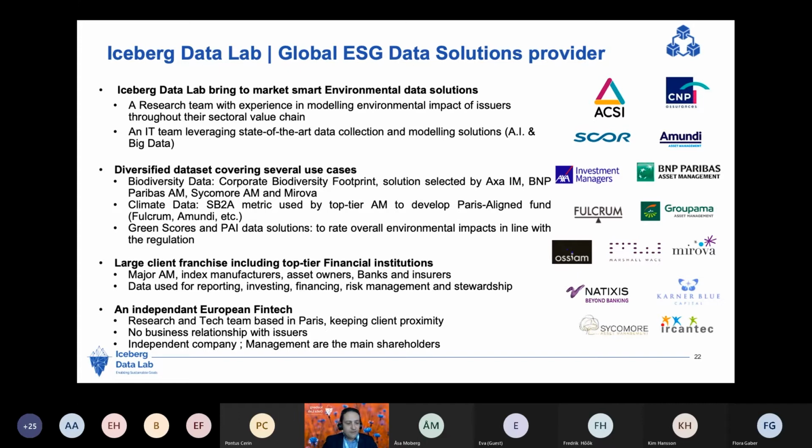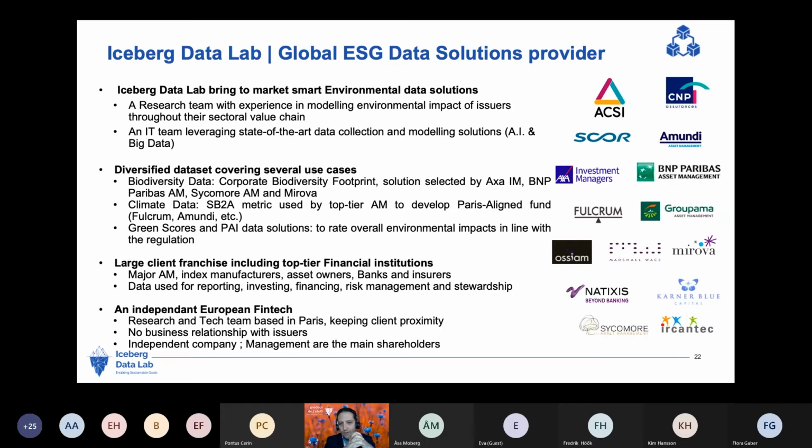So some words about Iceberg Data Lab. We are a fintech based in Paris, providing ESG data solutions for investors. So we do only data, and we are not involved in any business on the advisory side, nor working with issuers, to be free of any conflict of interest.